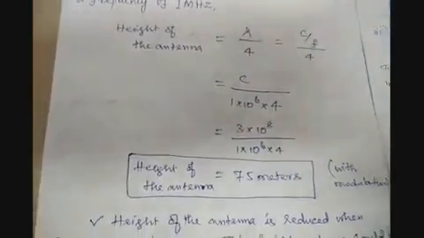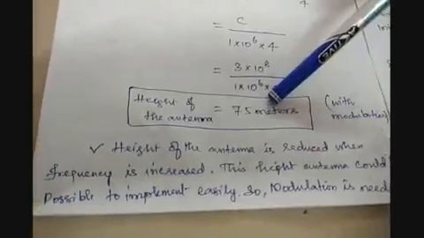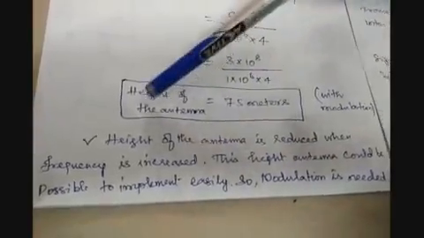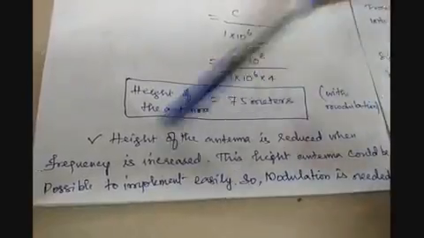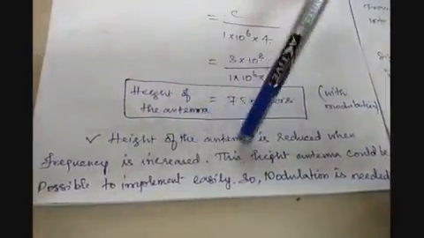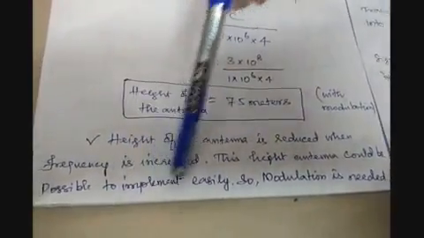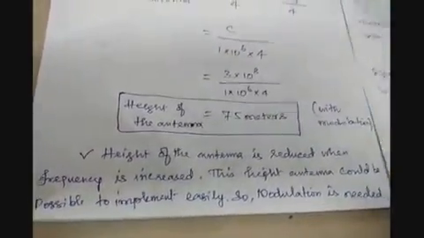Compared to 5 kilometers, 75 meters is practically possible to implement. So the height of the antenna is reduced when the frequency is increased, and this height can be implemented easily. So modulation is needed.